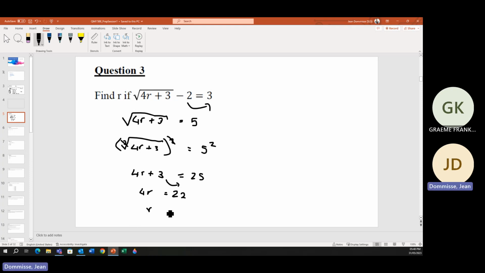And then r will be 22 divided by 4. We can maybe say it's 11 divided by 2, or we can say it is 5.5.